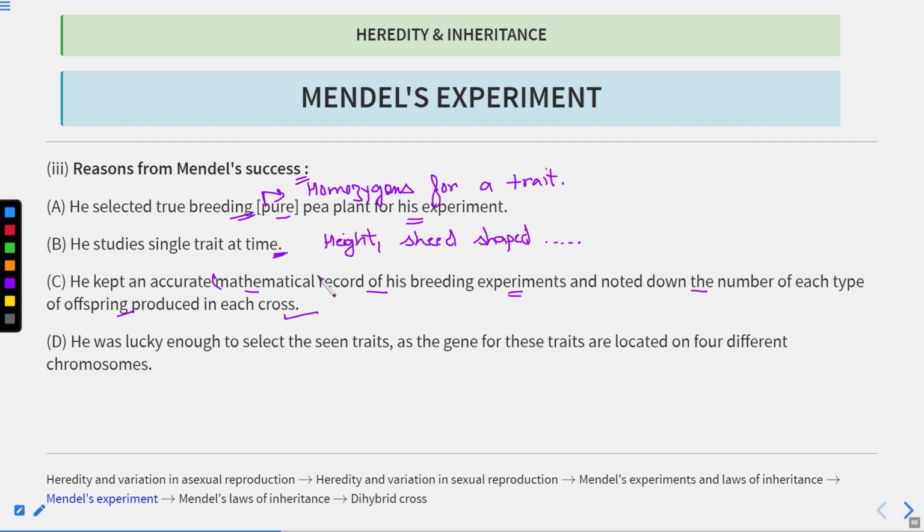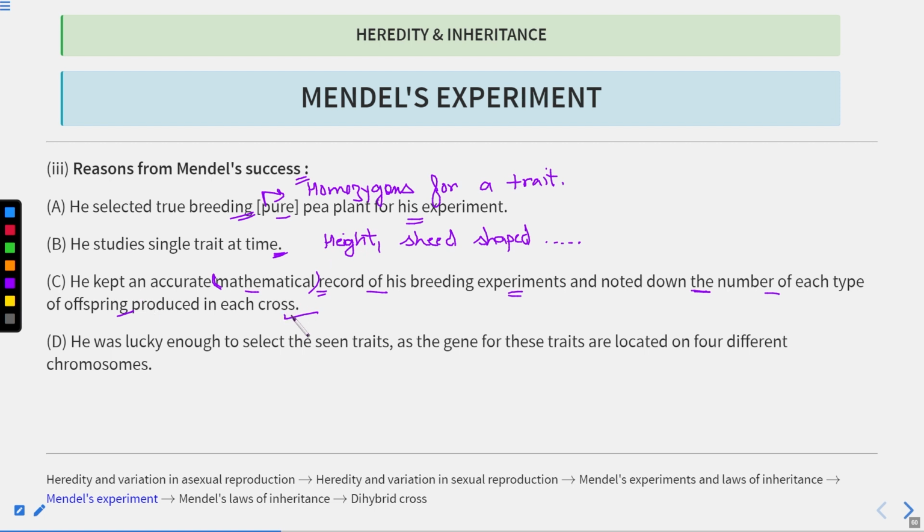He used this mathematical system to record everything, including the number of progeny produced, the number of each type of offspring: whether they were tall, whether they were dwarf, or whether they were of intermediate height, that is, had the intermediate genotype.